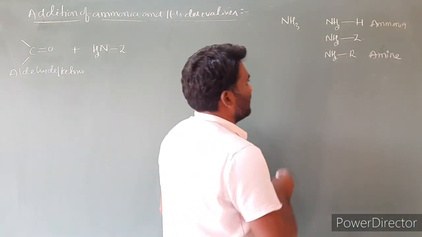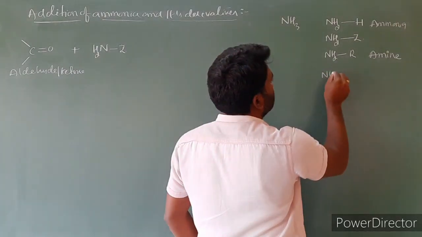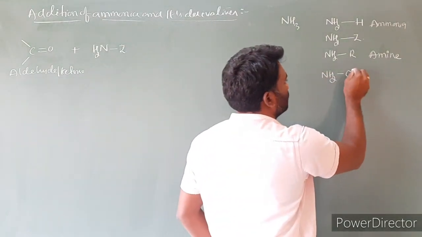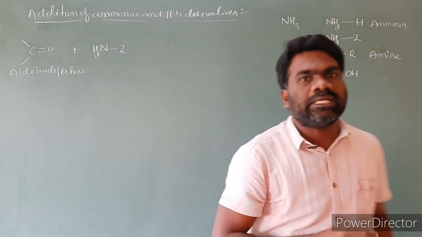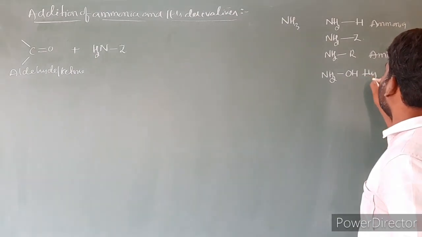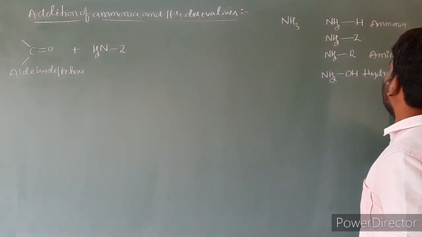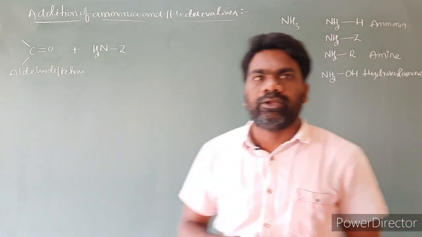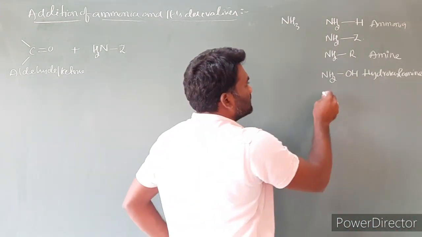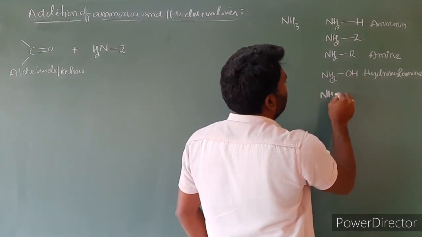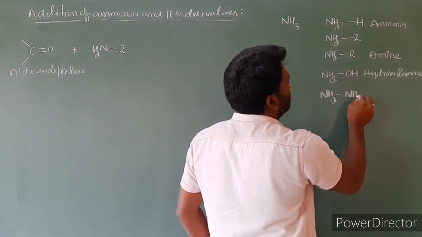Then the next example: NH2 with, in the place of R, an OH group. This we have to call a hydroxylamine. In the place of Z, I am writing another NH2.